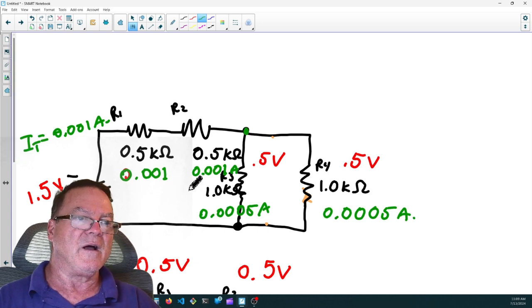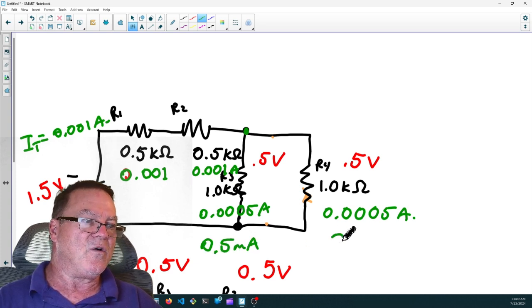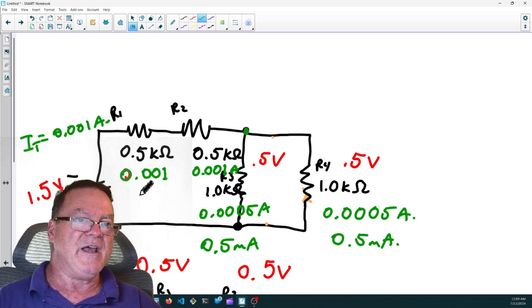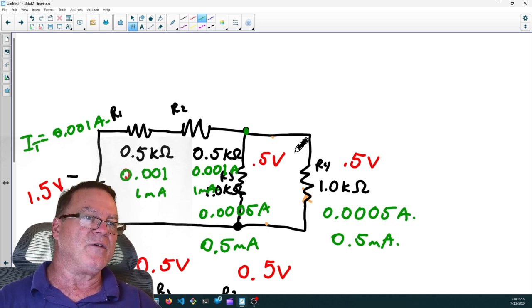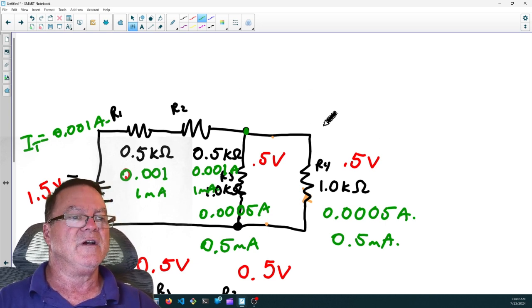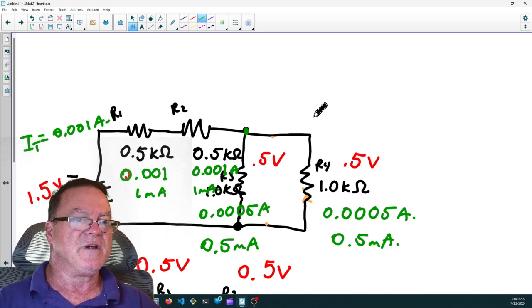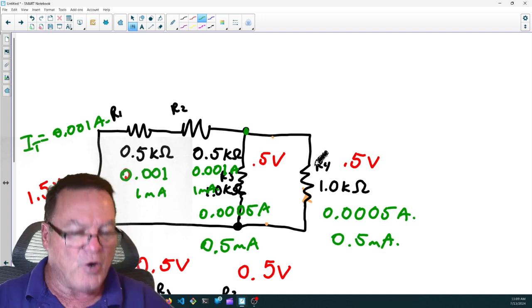We could call this 0.5 milliamps, because milli is 1 1,000th. And this is 1 milliamp, and this is 1 milliamp. I know, I'm writing all over the boards now. I've got us good and confused. I hope you were able to follow that. I hope that helped out a little bit.